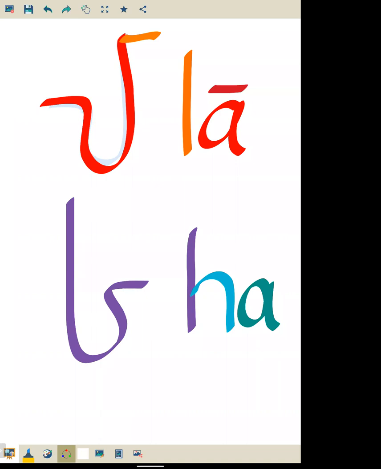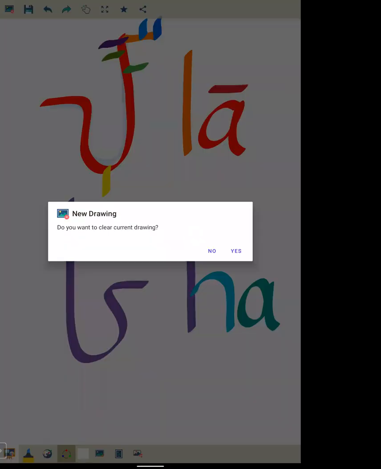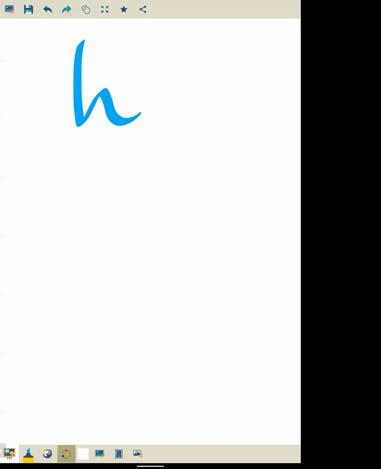I am not changing the page, I'll just change the color. La. Suppose li, long ii, dirgha li. Lu, lu. Le, le. Lai, lai. Lo, lo. So you can have just fun with Brahmi and try to play with the Brahmi alphabets with all the vowels.